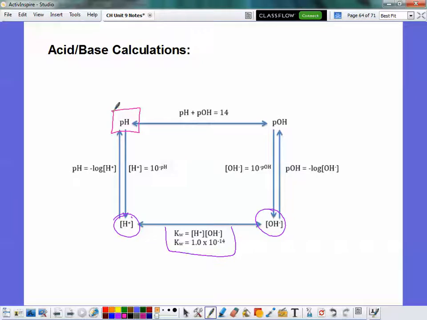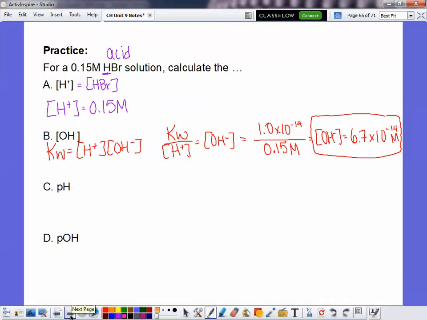Well, let's follow the line. We're going to go from H plus to pH. We're going to use the negative log of H plus concentration. pH equals negative log of H plus. So we're going to type negative log of 0.15, and that will equal my pH.